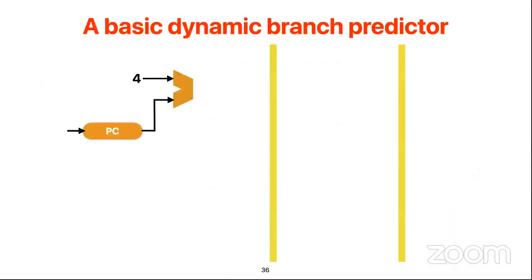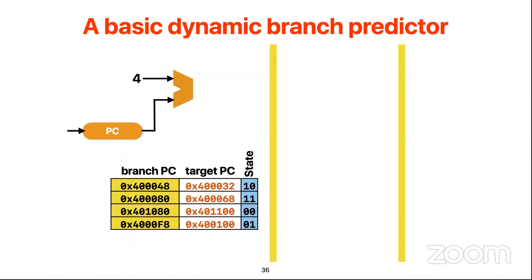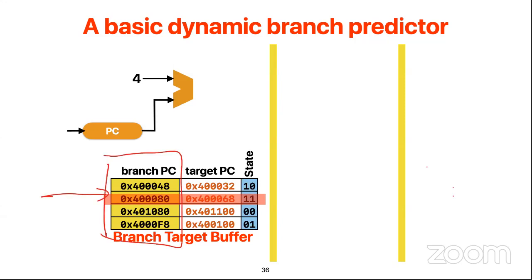So that's the 2-bit predictor. Now put it in a pipeline. What it would do is like this. We have the PC. We use the current PC to check if there is an entry in the branch target buffer. If there is, we also have the target PC, and we use the state to decide what's the next instruction we want to fetch. Like this one, we know we are going to predict taken, so the next instruction we fetch would be this address instead of PC+4.